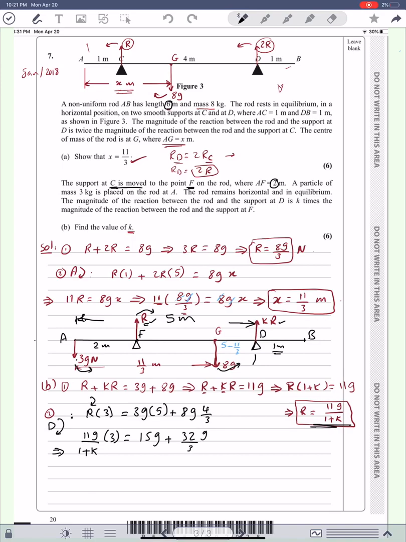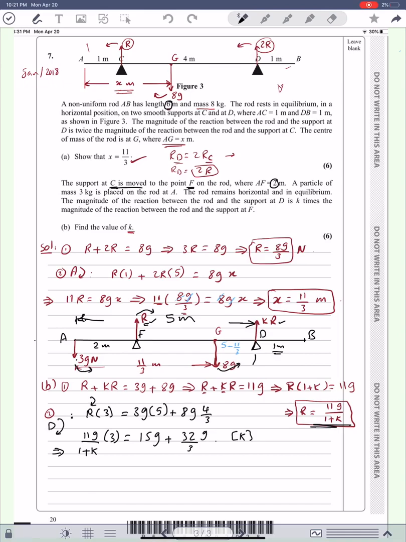So you are noticing now that the main difference between non-uniform and uniform is only algebra. We have to make k the subject now, only solve this for k, and you will get the answer. Find the value of k.